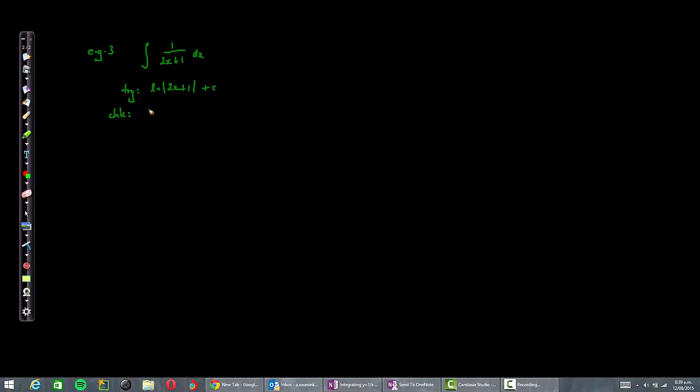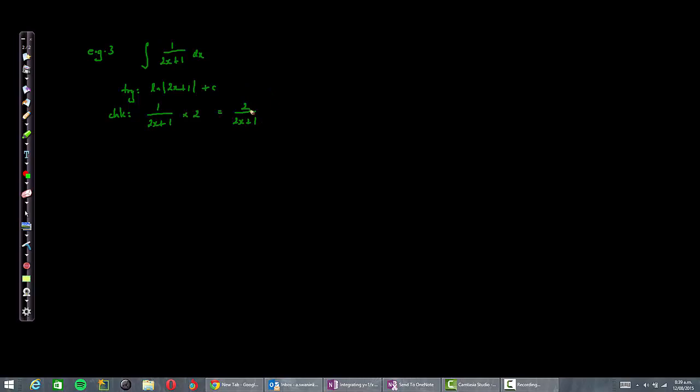Hopefully you spotted that already. When we derive that, we get 1 over 2x plus 1, and derive the inner part here, so times 2. So what we end up with is a 2 on top of the 2x plus 1, not the 1, so we're out by a factor of 2.